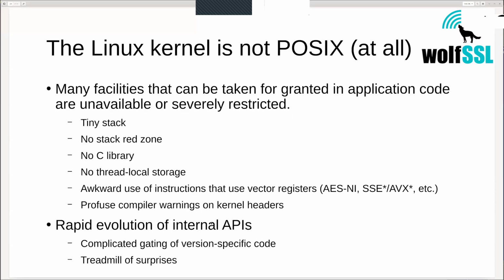Now, one of the things you discover when you start developing non-trivial kernel modules is that many of your assumptions about how software engineering works don't apply any longer, because the Linux kernel is not POSIX. We actually have to disable a lot of regular GCC warnings.